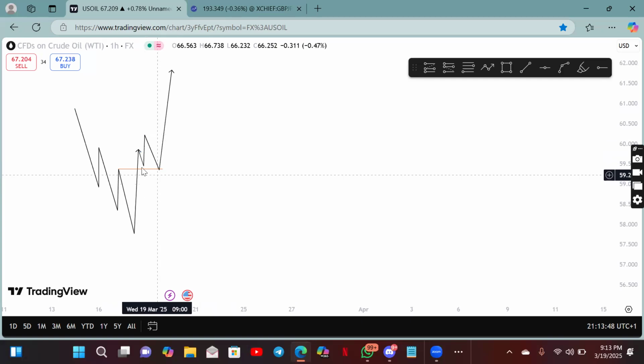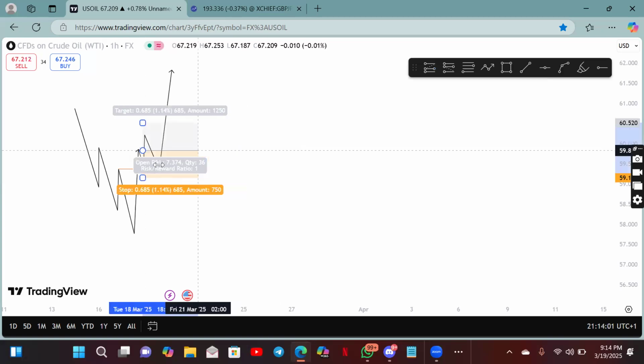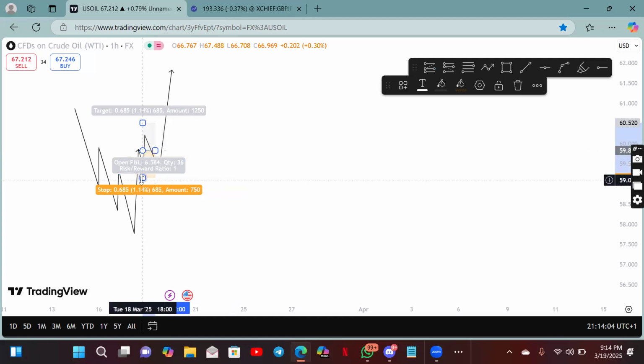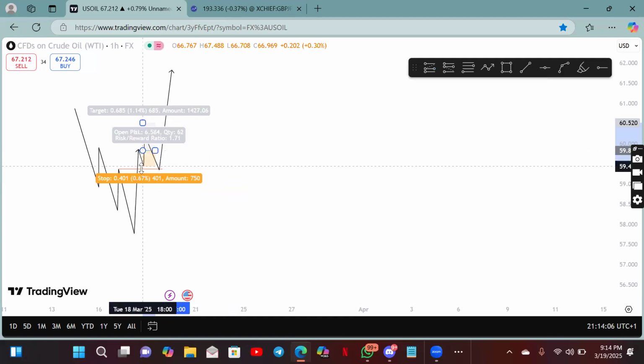Probably you will not take this trade, and maybe some people use a tight SL, right? Maybe as he bought and broke this high here, you say, okay, he wants to buy, you enter and put your stop loss below this low, right?